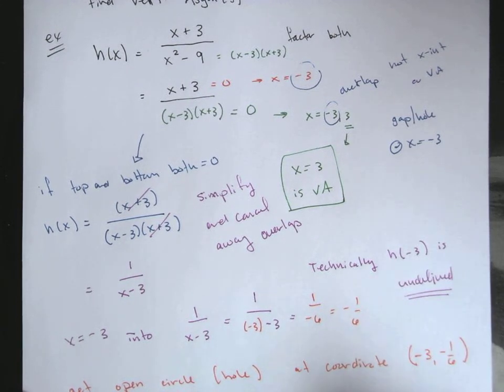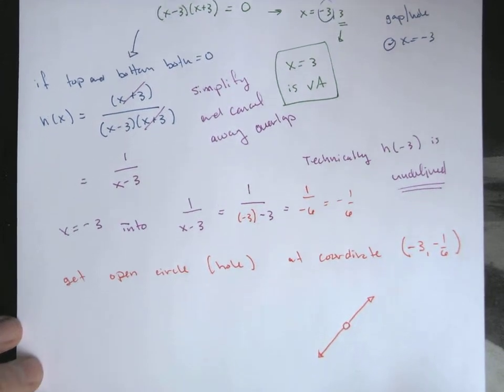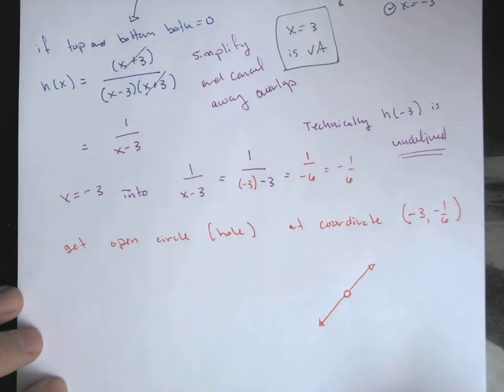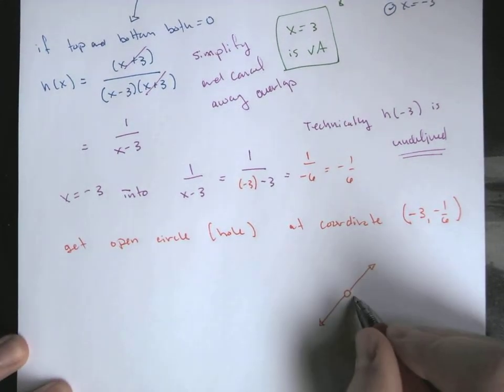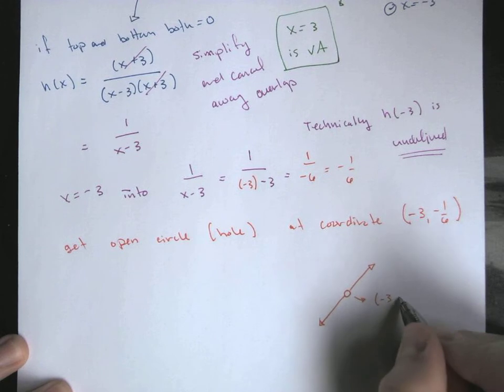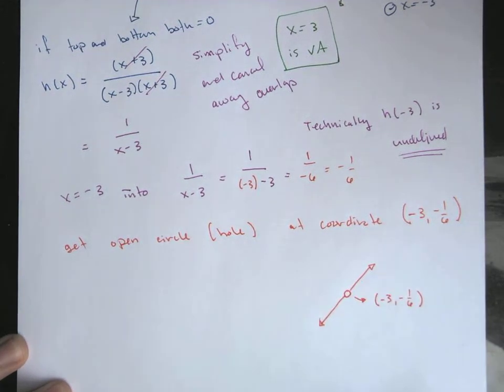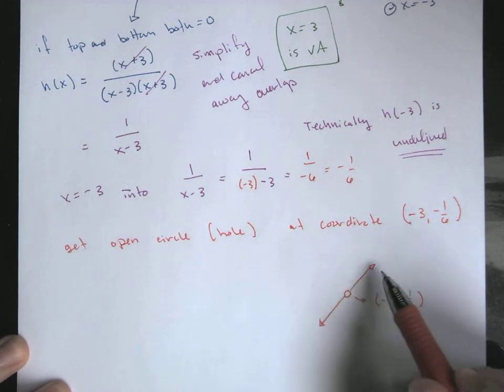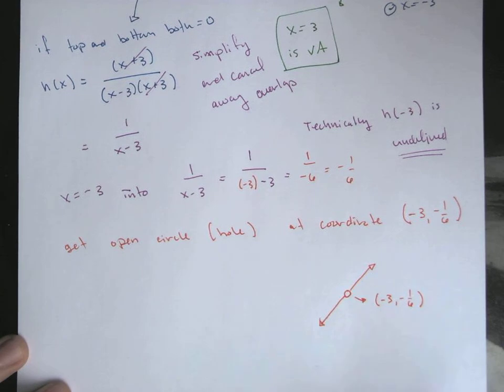So I'd have some sort of graph, oh, whoops, I'm sorry, I'm off the page. So I'd have some sort of graph where I'd have this coordinate, negative 3, negative 1/6. I've got a line and a function and a graph going to the left and the right above it.